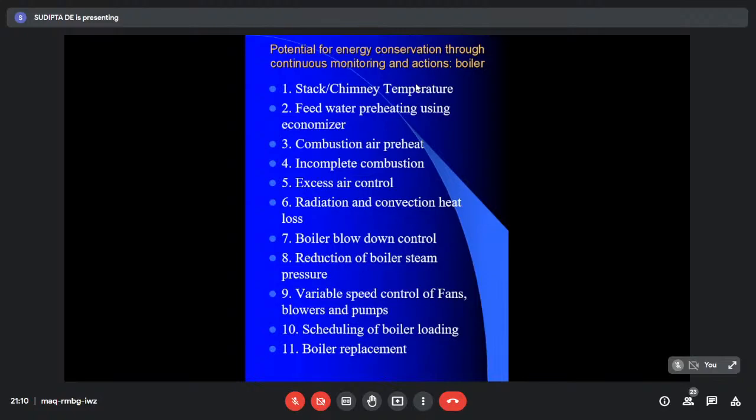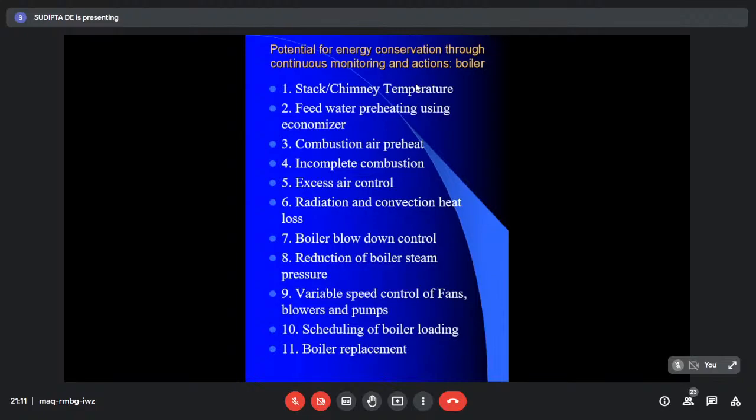As the blowdown process rejects heated water, it affects the boiler efficiency. Full stop.